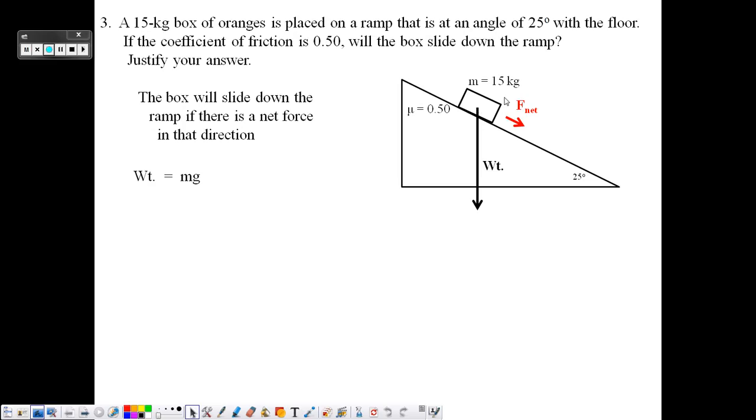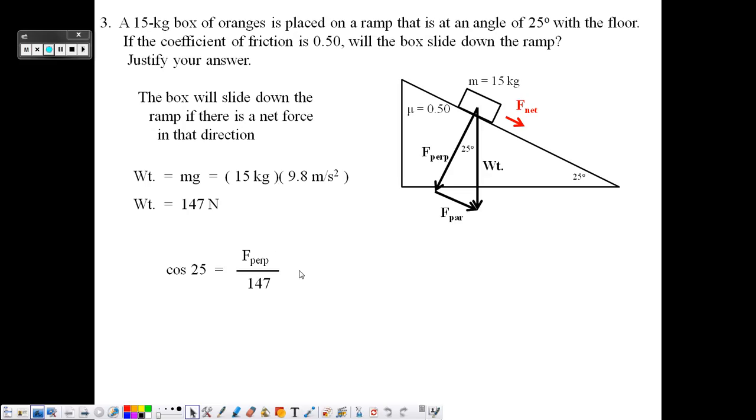I'm going to take the weight of this crated box of oranges. 15 kilograms has a weight of 147 newtons. We are going to now break that weight vector into components, force perpendicular and force parallel. I can find the magnitude of these by the cosine function for force perpendicular.